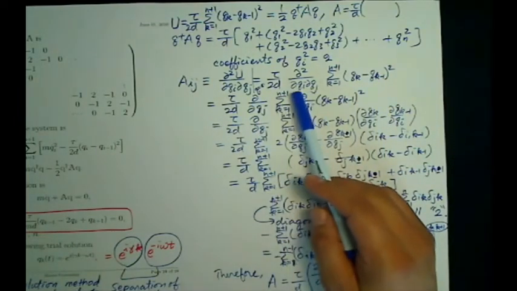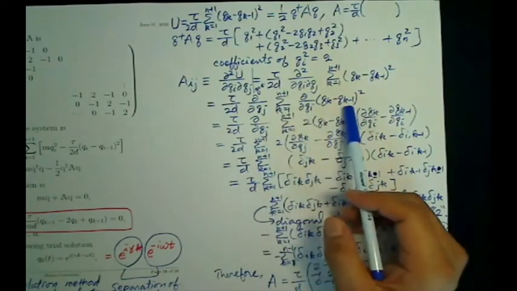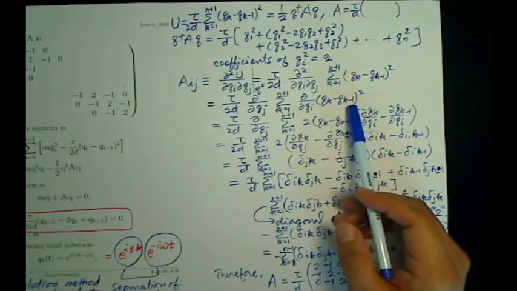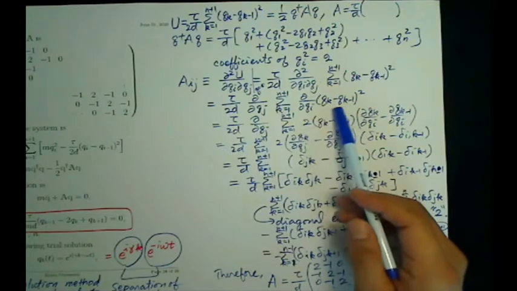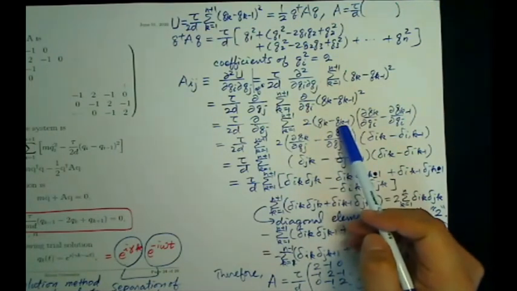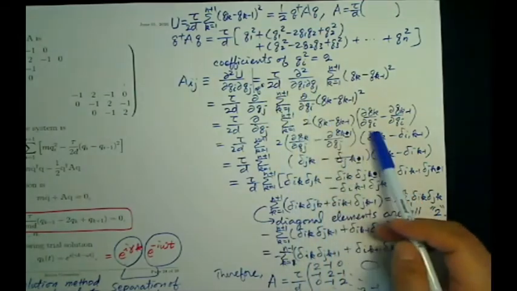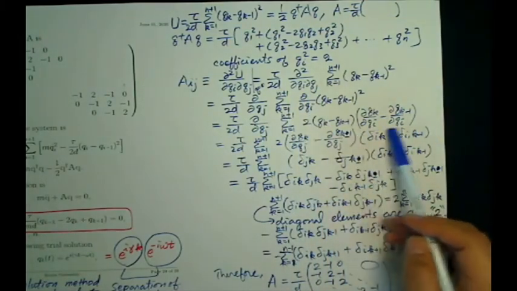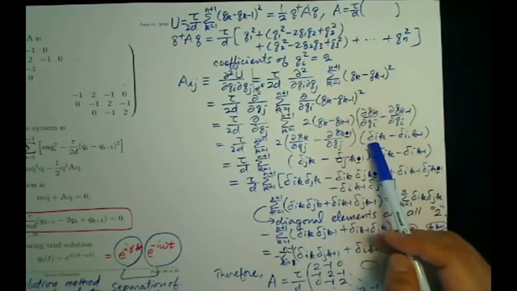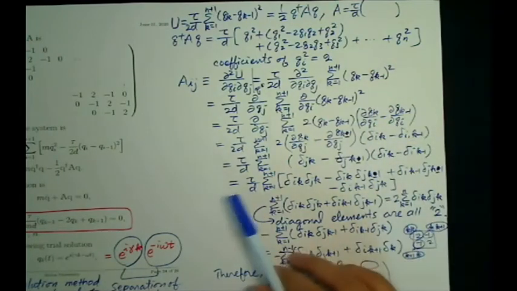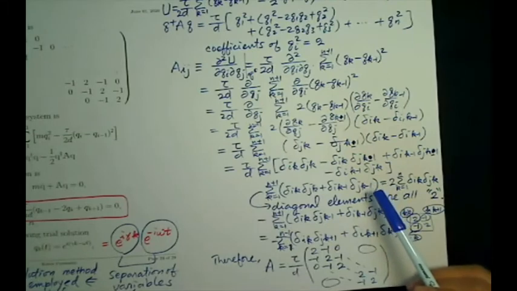The qi differentiation is to be made first. Then by applying the chain rule, we have a factor of 2 and this factor in here. Then we take the partial derivative with respect to qi. The result is like that, and this one gives the canonical delta, delta ik minus 1.